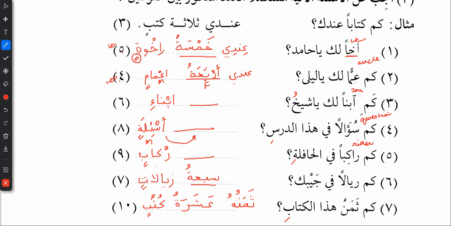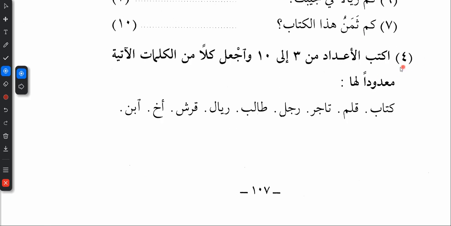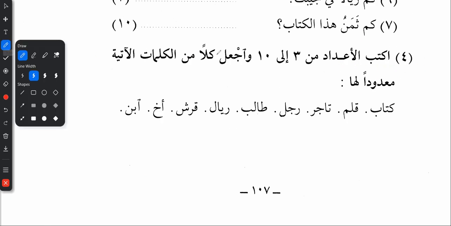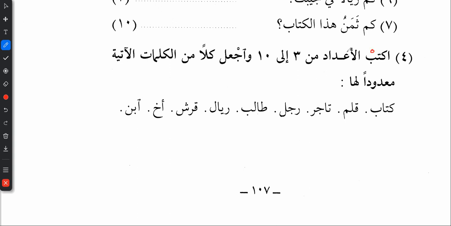The next question is Uktub al-a'dad. Now this is the plural of adad. Uktub means to write. Write the numbers from 3 to 10, and make all the following words ma'adud.